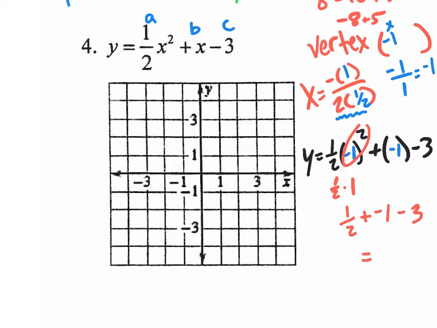You can do it on a calculator if you want, of negative 3.5, whatever you want to call it. So the y value is negative 3 and 1/2. And where is that? Negative 1 on the x and negative 3.5 on the y. That's negative 1, 2, 3.5. It would be right here in between, right there. And then you make an axis of symmetry. Wait, I usually do that in green, sorry.